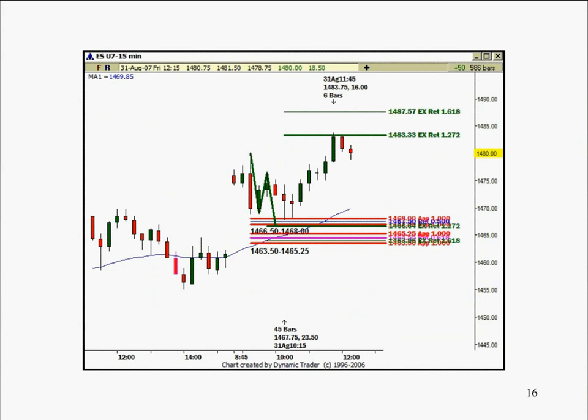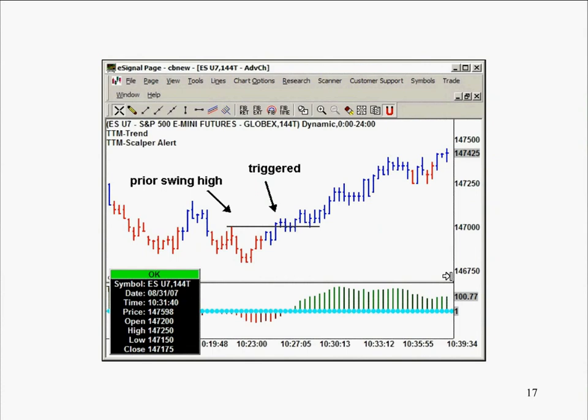Okay, so it looks like we held the first zone with this two-step pattern. The low was made, looks like 1467.75. So let's go take a look at the trigger chart. Okay, here's where the low was made. This is a 144 tick chart on the S&P.